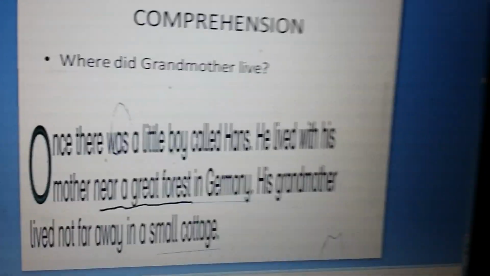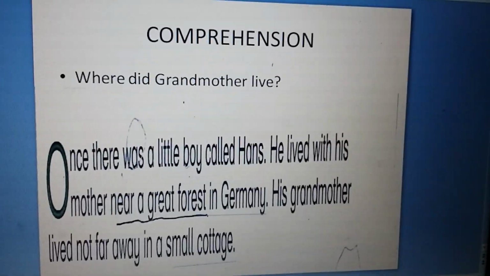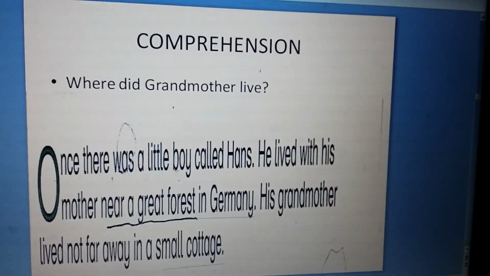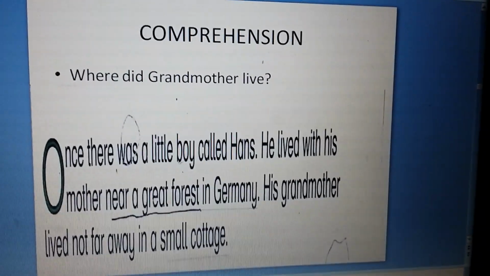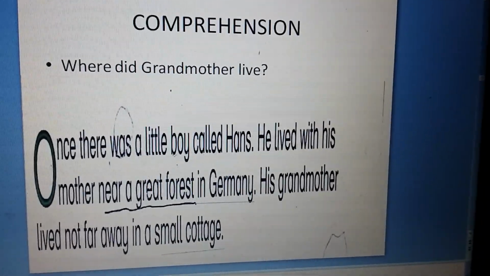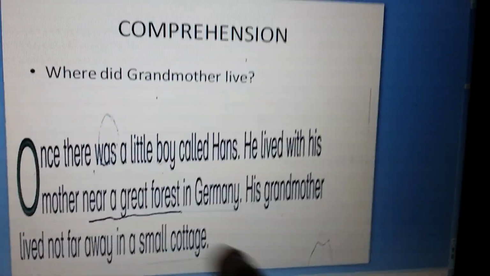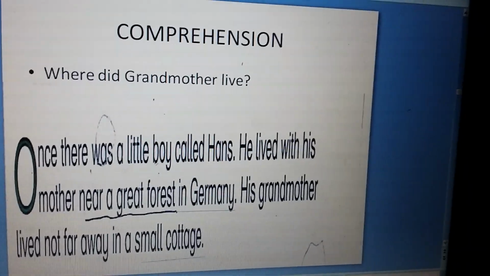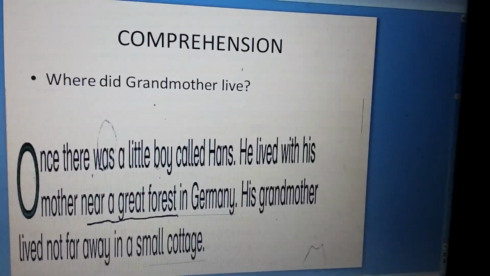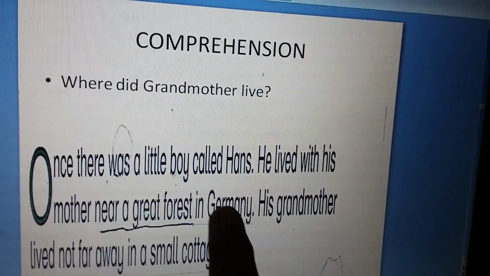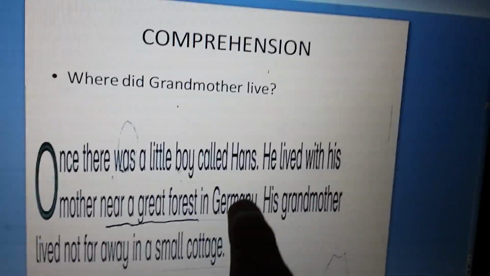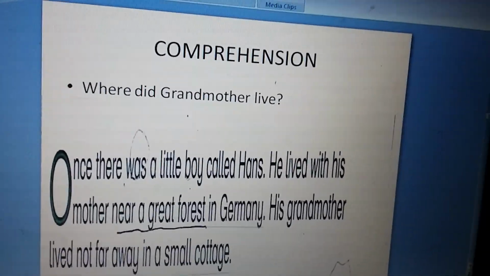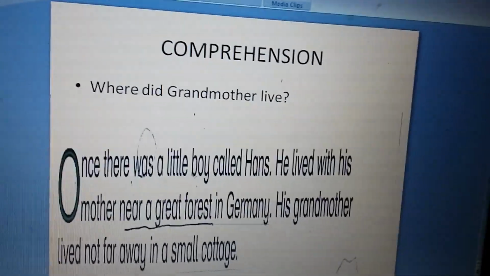Okay, try to make your answer from these two lines. Have you written? Grandmother lived in Germany near a great forest, or lived in Germany. Enough. G will be capital because it is a proper noun. It is a particular country name.